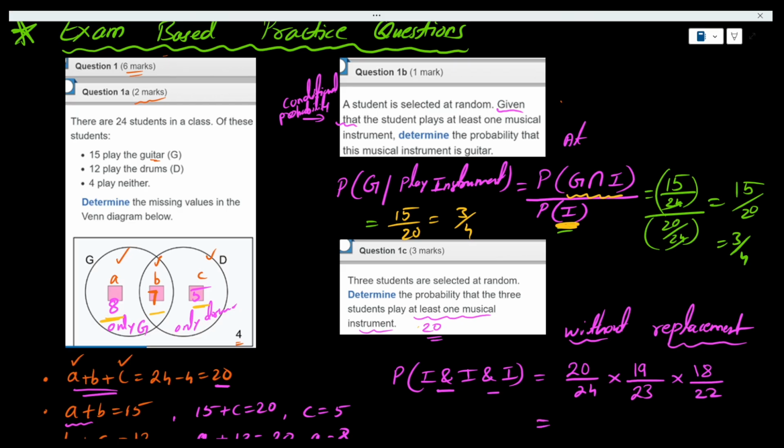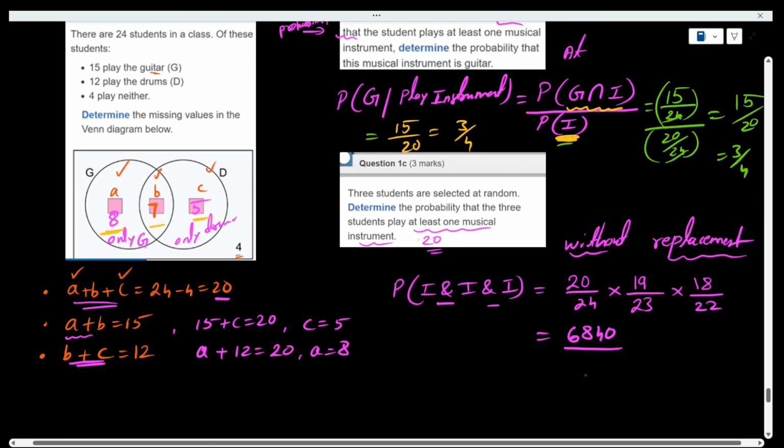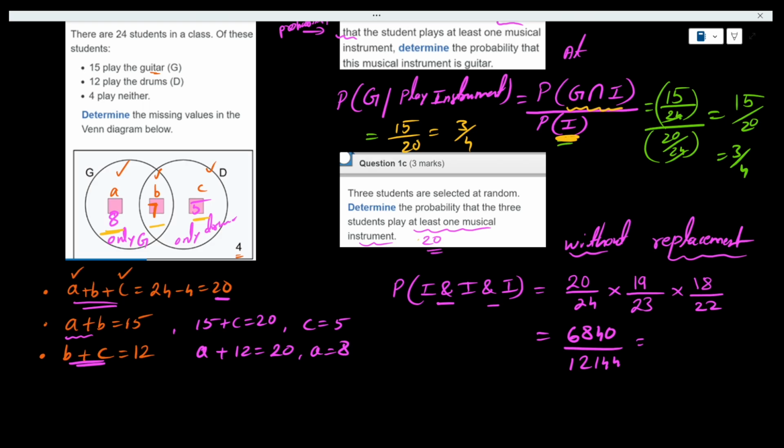So remember this, and then you can multiply, you can write down 20 into 19 into 18, which is 6840 by, if I'm taking 24 times 23 times 22, you will get it as 12,144, right?